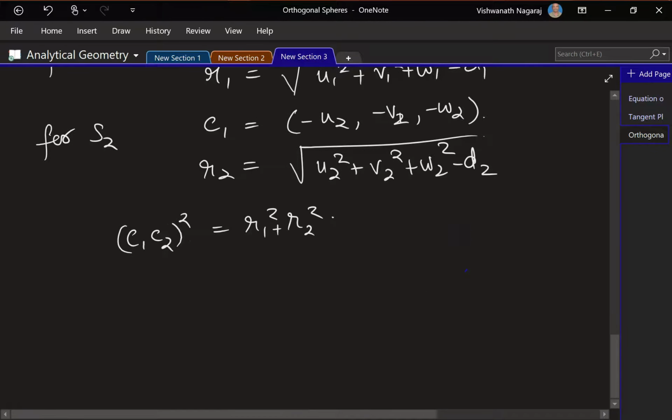Okay. So now let's figure out C1C2, the distance between C1 and C2.